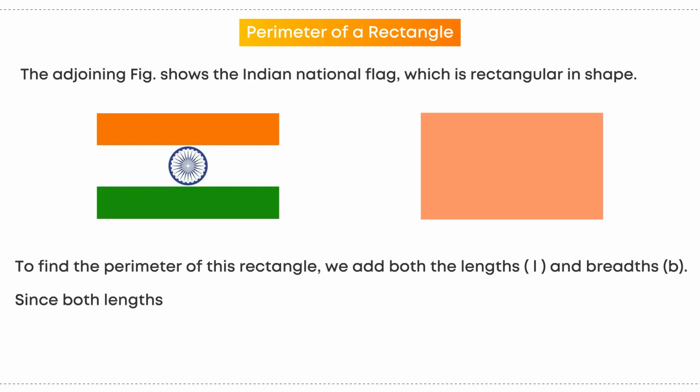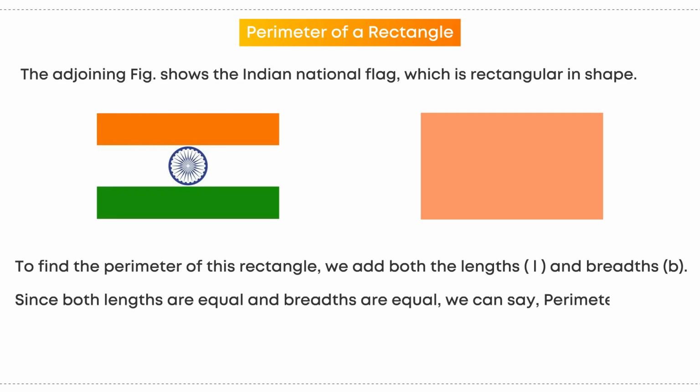Since both lengths are equal and breadths are equal, we can say perimeter of a rectangle is equal to length plus length plus breadth plus breadth, is equal to 2 into length plus 2 into breadth, is equal to 2 into (length plus breadth).